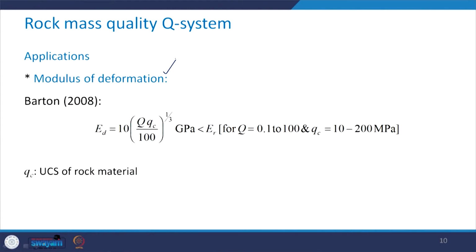The next application is the determination of the modulus of deformation, and the related expression was given by Barton in 2008, where the modulus of deformation was defined by this expression, and this modulus of deformation which you get is in gigapascal.